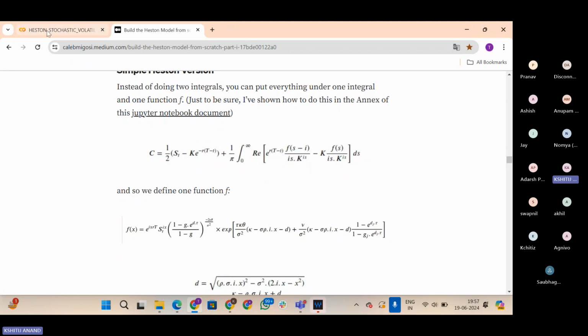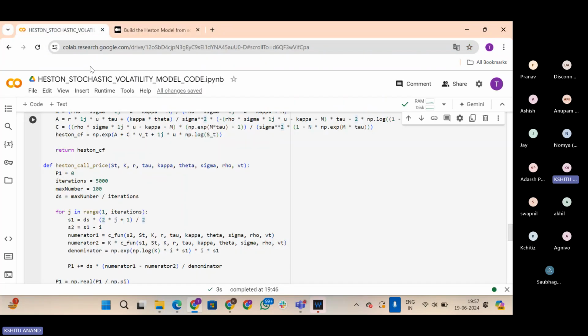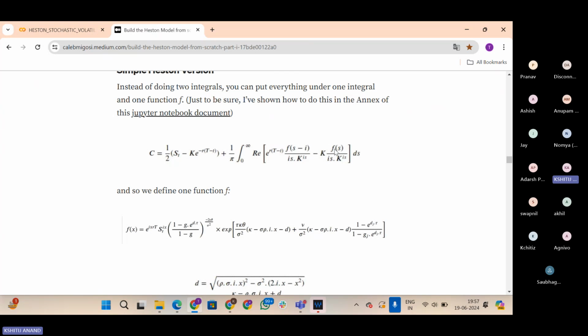So this is the first characteristic function, where you are putting 2j plus 1 divided by 2, and in the second characteristic function you are just putting s minus i, right? Got it? So this is the numerator. The numerator is simply the characteristic function. This is the first numerator, f into s minus i. And this is the second numerator, basically f of s, right? What is s over here?